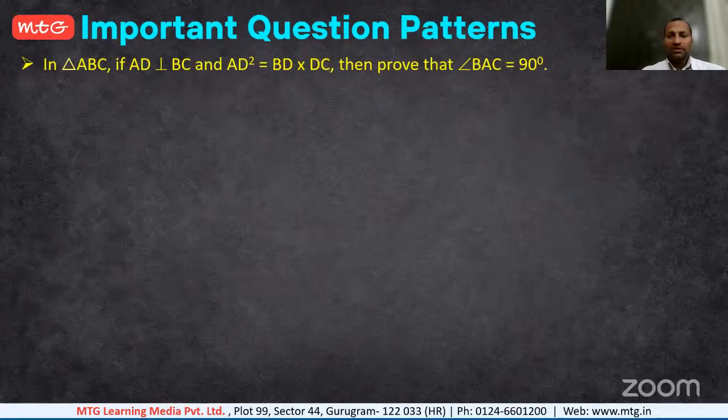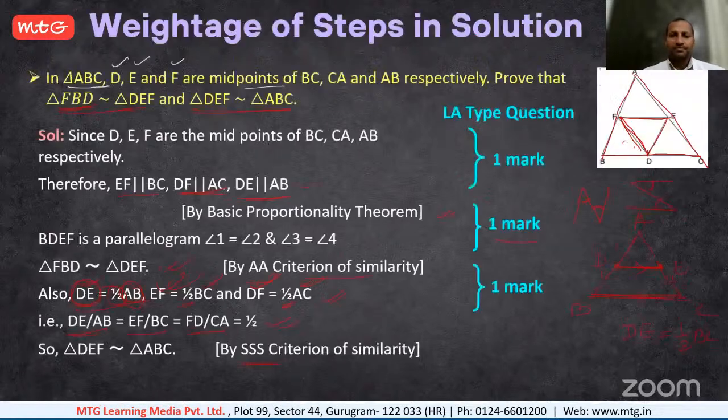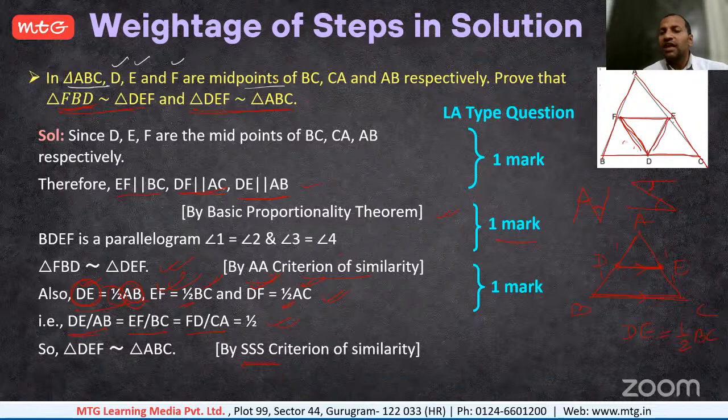Excuse me, sir. Sir, how did you prove that BF is parallel to DE? Can you please explain again? Definitely. You see, this point is the midpoint, correct? It divides this side into a 1:1 ratio.